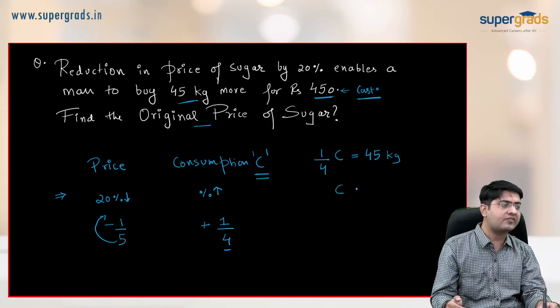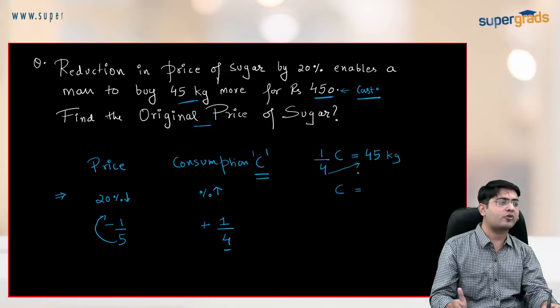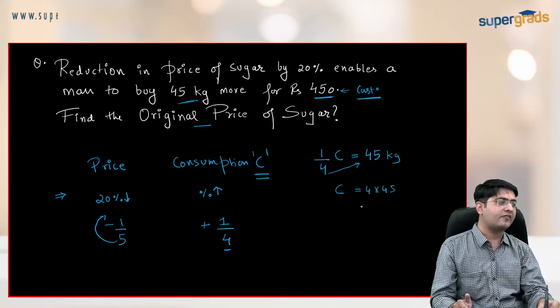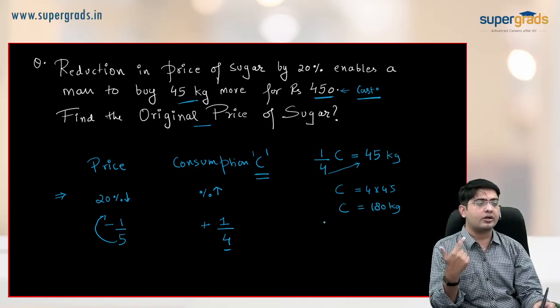So I can find the value of C, the original consumption, by cross multiplying 4 by 45. 4 into 45 gives you 180 kg. That was the original consumption of the man when the price had not reduced.